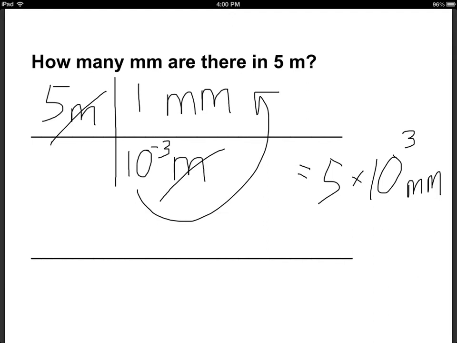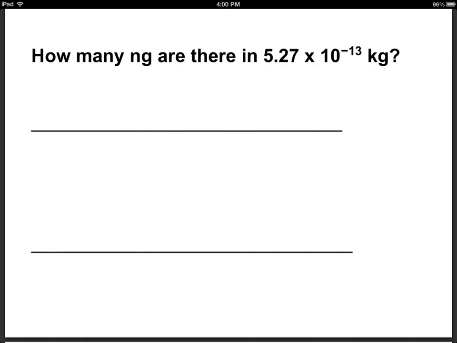So if you can't simplify, for instance, 10 to the 6 over 10 to the negative third, then you're going to have some problems during this part of the class. You should come talk to me early or start talking to your math teacher, but we need to make sure that you have that skill. All right, excellent. Let's move on to the next problem.